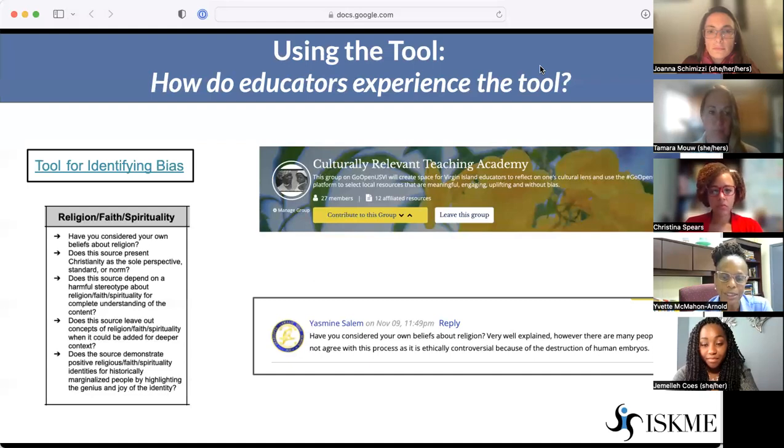But what was interesting about the tool itself is that some of the conversation came after the session, through emails and text messages, because while we are looking at using the tool to interrogate resources, we are also looking at the tool to look at ourselves and our own bias. And one person felt that the tool itself had some bias in it because it spoke to Christianity itself.